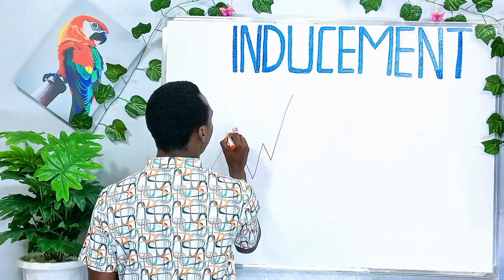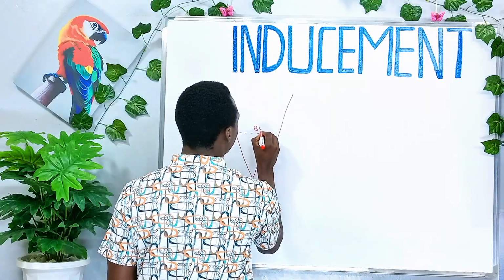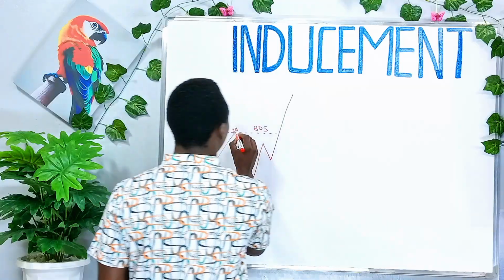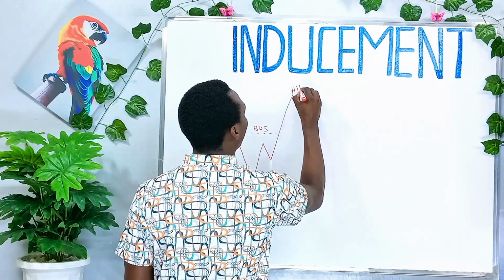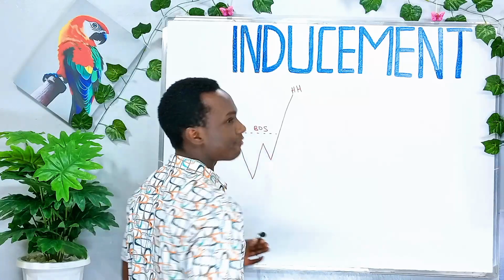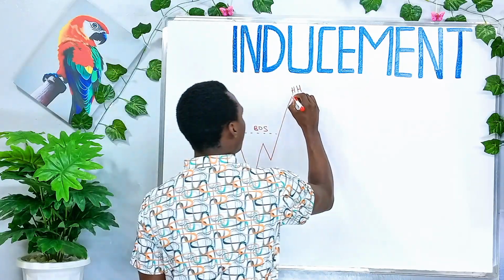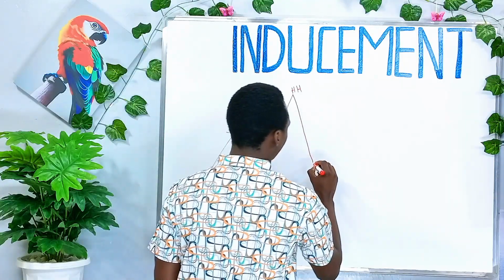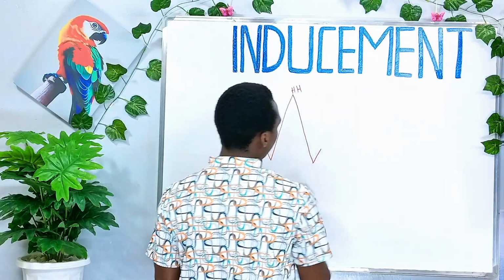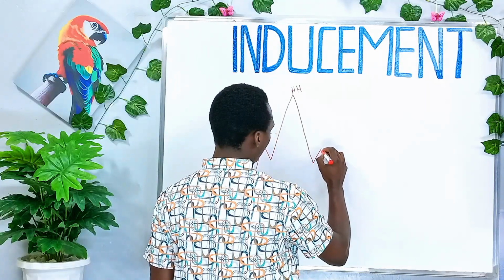We will experience something we call a BOS. A BOS is a break of structure, and this structure forms a higher high compared to this first higher high. The price will then come back to retest this shoulder and form this angle.